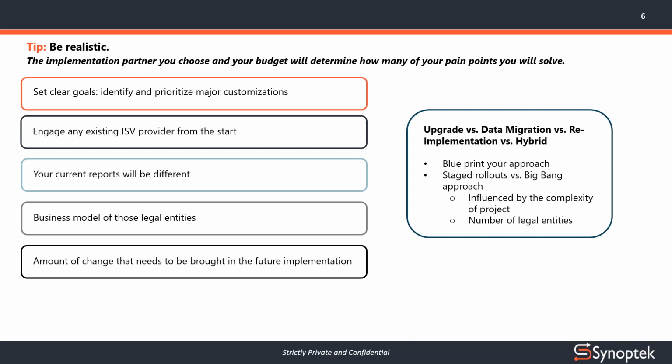Your current operations will be different, so you have to plan for that. Business models of those legal entities will have to be defined and clearly communicated, as well as the amount of change that needs to be brought into the future implementation. All of these things will have to be realistic and communicated to the VAR.